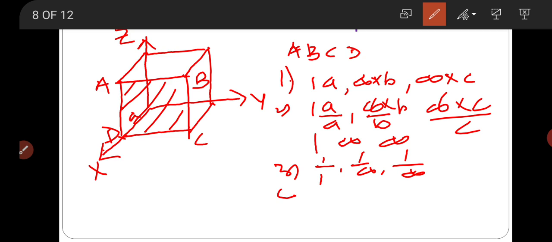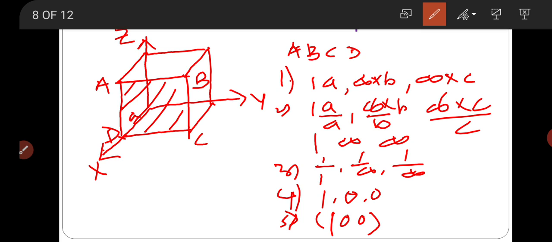So it is 1, 0, 0. So here there are no fractions. Finally you have to reduce to the smallest integer values. Now these are the smallest integers, and we can put them in parentheses as (1 0 0) without any commas.